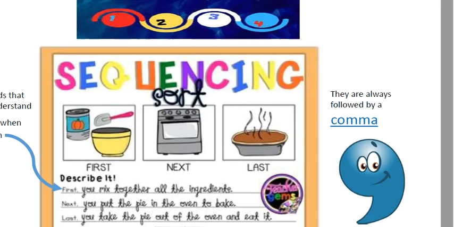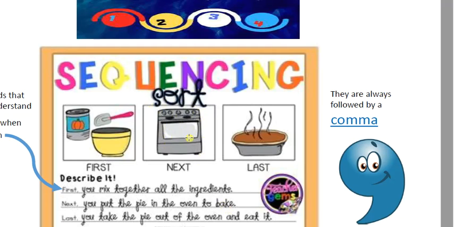Let's look at this page, okay? Sequencing words are words that help us to understand the order when things happen. For example, in this example, first you mix together all the ingredients. That means you are mixing all the ingredients together. Next, you put the pie in the oven to bake.